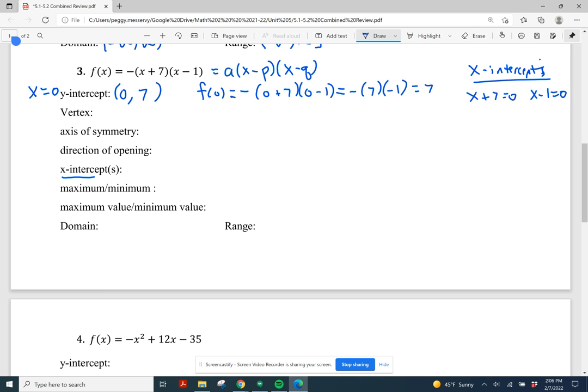So we should be able to see the x-intercepts very easily from the factors. One of them is x equals -7. One of them is x equals 1. So for my x-intercepts, I'm going to have -7, 0, and 1, 0.